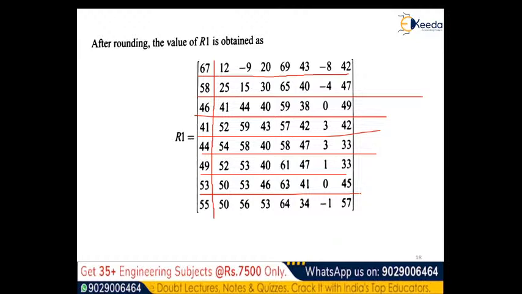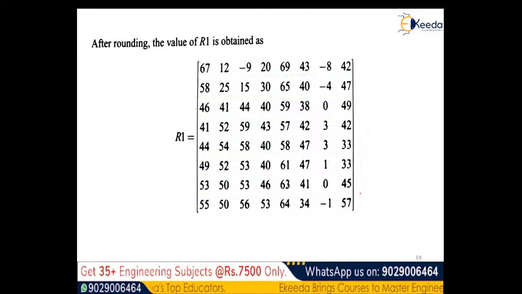Now after having the round up of these particular values and again represented for the same variable capital R1, we have to go for the next step in the sequence, which will be step number 7.